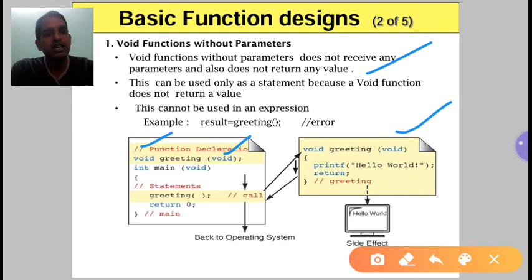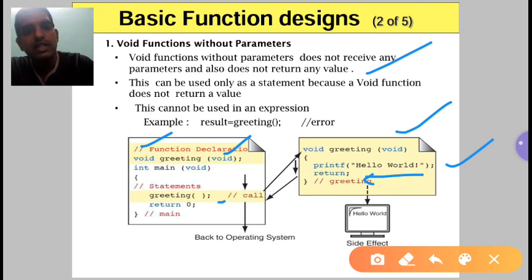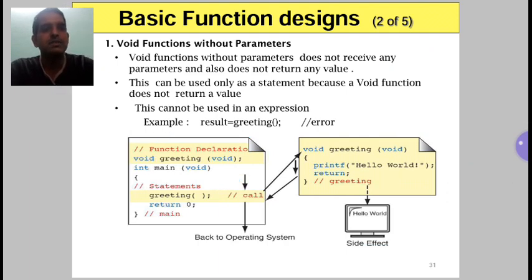Remember, whenever you have a return type, you will be returning some integer or some value. Here you don't have any, you just write return. Inside the function you are printing the greeting hello world. The function call is written as a standalone statement like greeting message, and since you don't have parameters, you just have the open and close parentheses. So remember, this is a function without any return values and without any parameters.